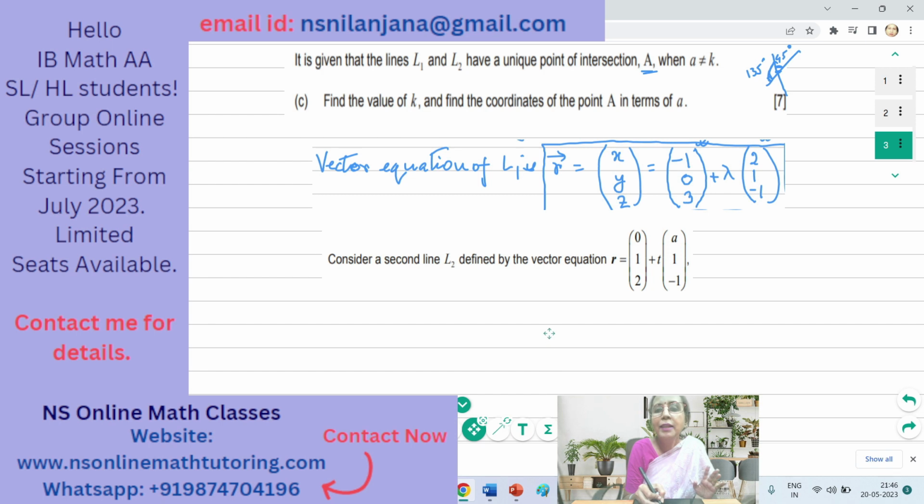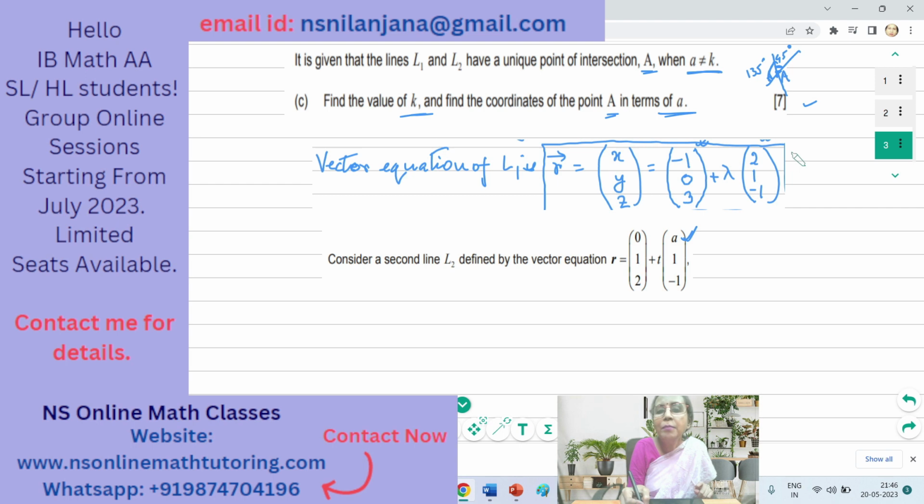So they are saying that these two lines intersect at point A. So this one is point A. When A is not equal to K, subpart C, find the value of K and find the coordinates of the point capital A in terms of small a.